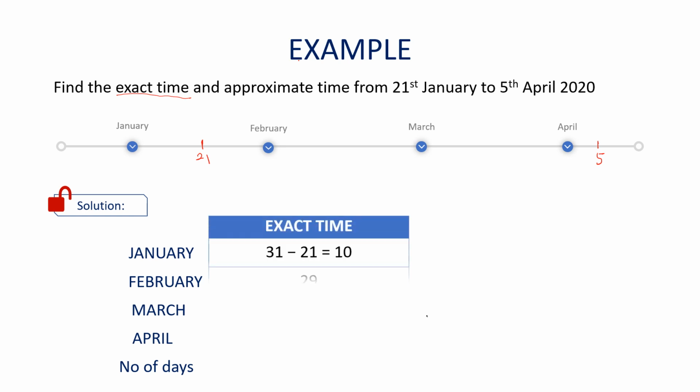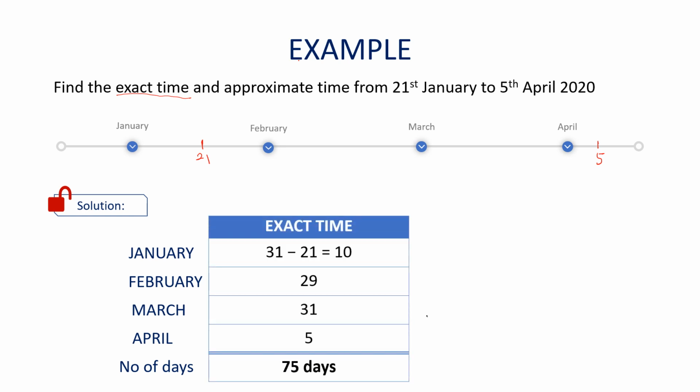For January, 31 minus 21, because we want to find the number of days from 21st to 31st January. So January has 10 days.